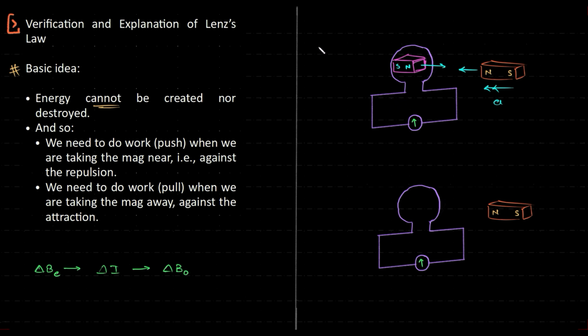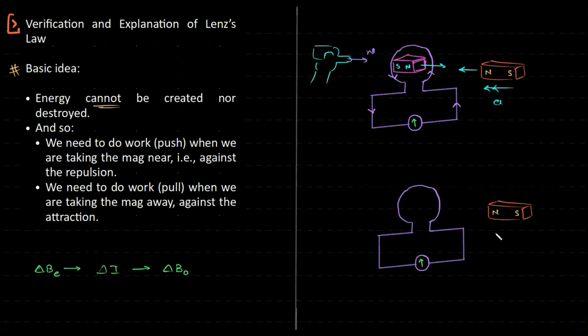So if I use our right hand thumb rule, we get to see that for us to have a north, that's supposed to be a right hand. Let me do this, this is better. So for this to be a north, the current has to be anti-clockwise. It has to be so.